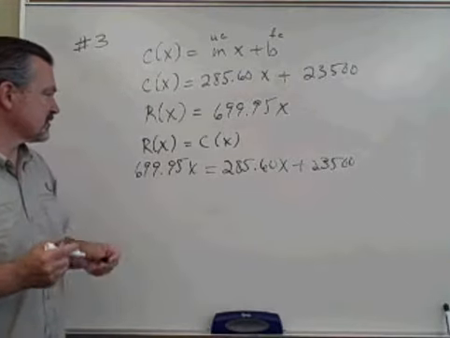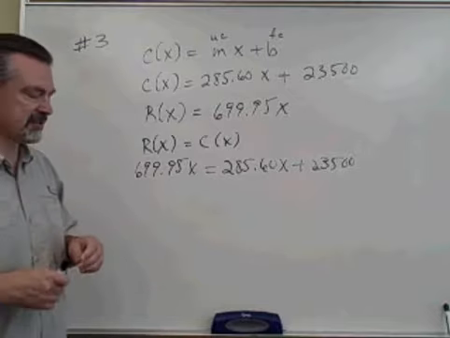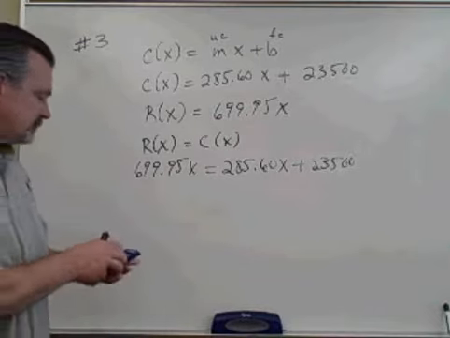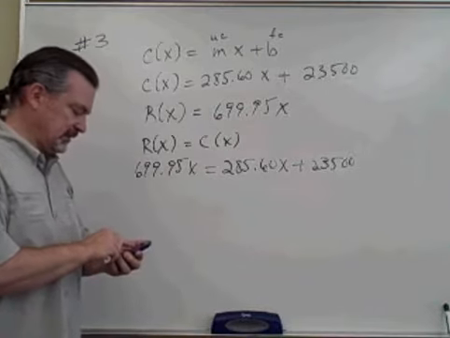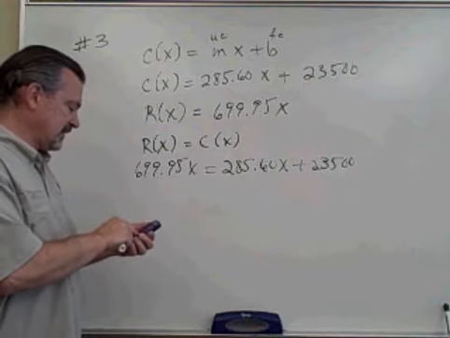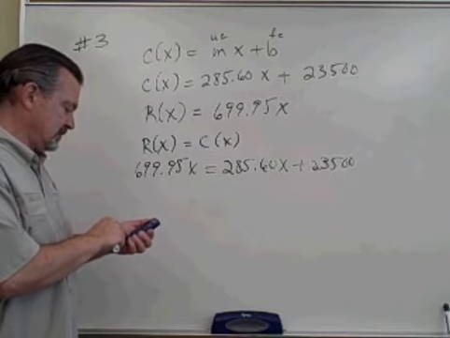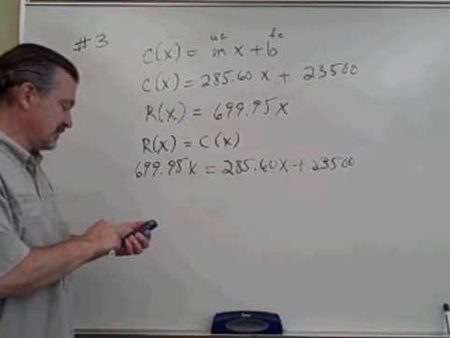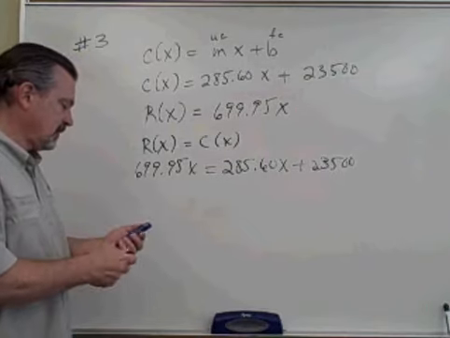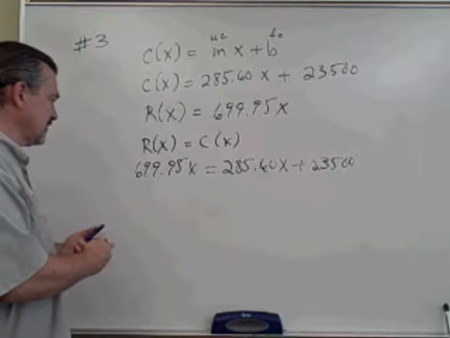So we'll subtract the 285.60x from both sides. So I'll get my handy-dandy calculator here. So we've got 699.95 minus 285.60. So that gives us 414.35.